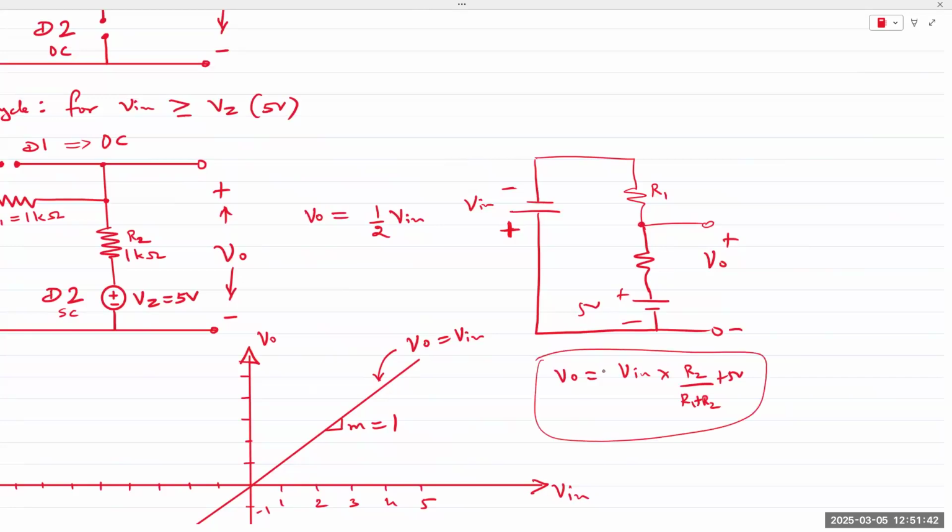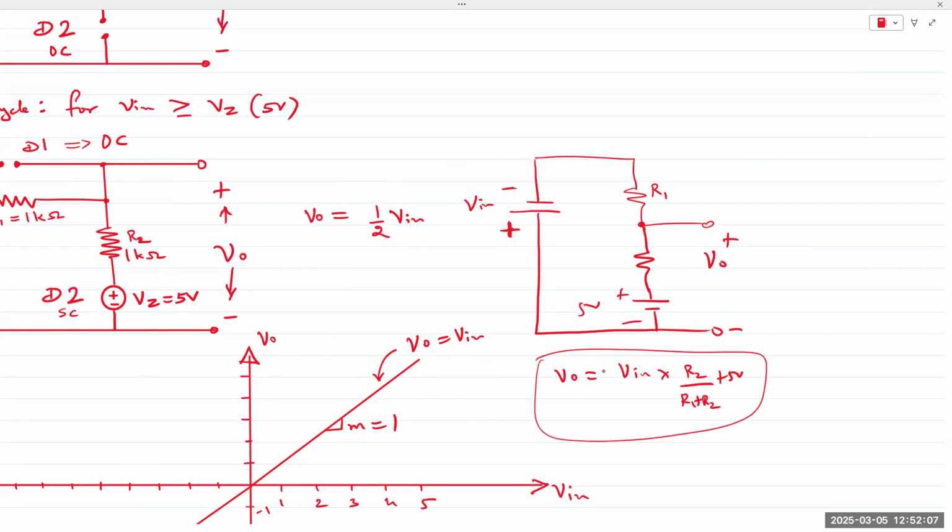So with R1 and R2, it's half of V in plus 5 volts. And if V in is 1, everything will be shifted by 5 volts.